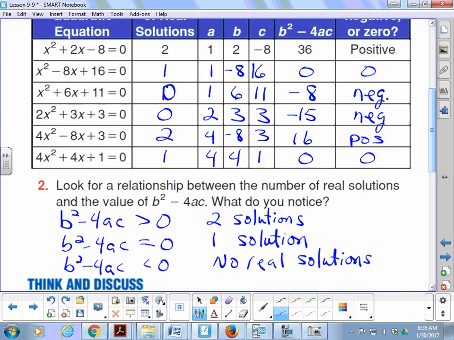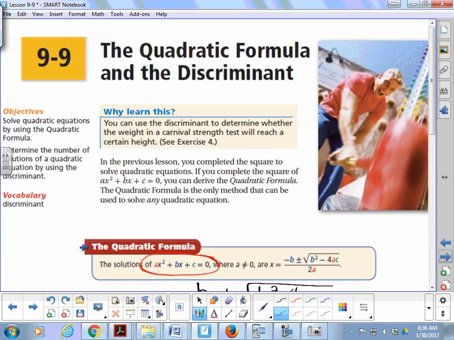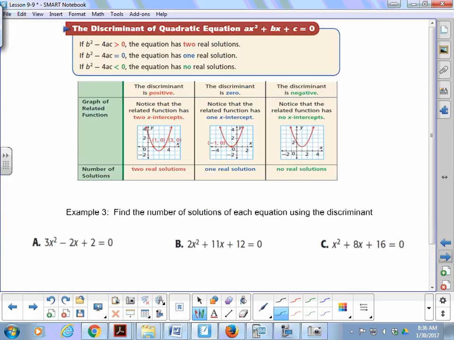We aren't necessarily concerned about what they are, but we want to know how many they are, so I have an idea of what I'm looking for when I'm going there. Right? And so this is called the discriminant.